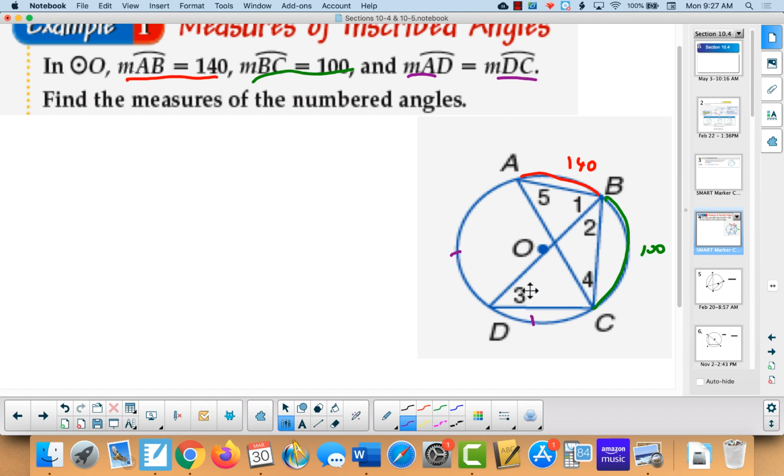That makes the entire circle. So these two together give us 240 degrees. If we subtract that from 360, we get 120 degrees, which means each of these arcs is 60 since they're equal to each other.